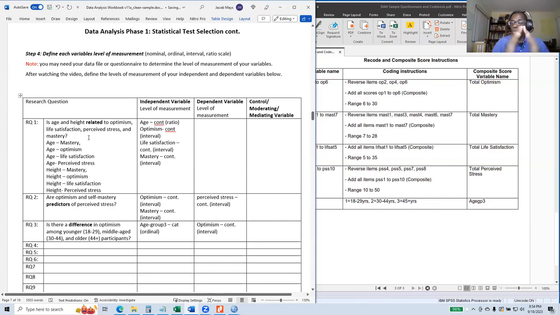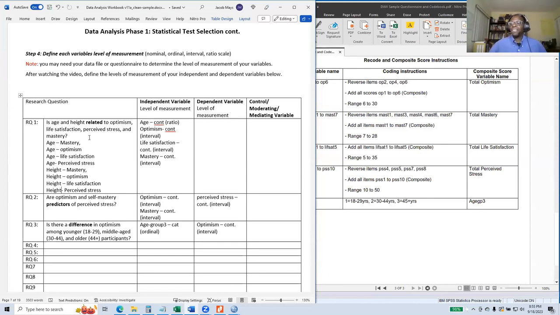Okay. So again, whenever you see the word relationship or related in a research question, you always have to think of it as one-on-one. Prediction is something different because you can have multiple predictors, but you can only have one variable and another variable when you're looking at relationships.